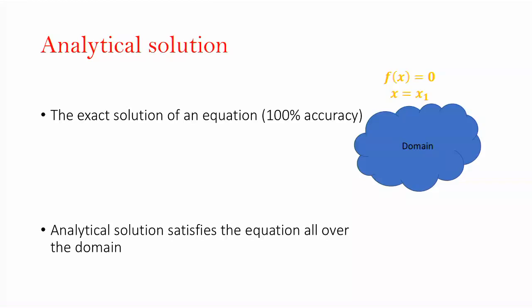If we find an x equal to x1, which is an exact solution of this equation, which means that it gives us 100% accuracy, we call it an analytical solution. So an analytical solution satisfies the equation all over the domain, and it's fixed, right? There is no error there.